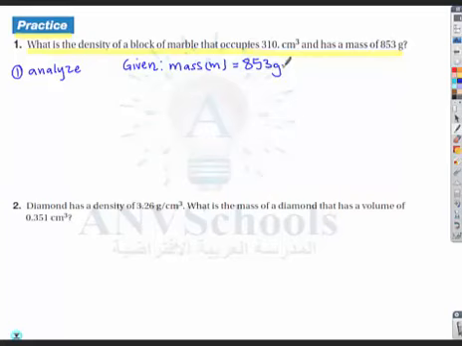Then we have the volume V, which is 310 cubic centimeters. And what is unknown here? The unknown is density. That is what they want us to find. So the density is the unknown.